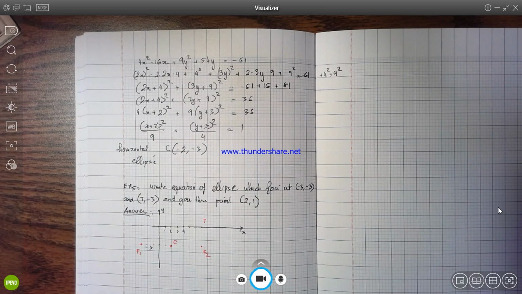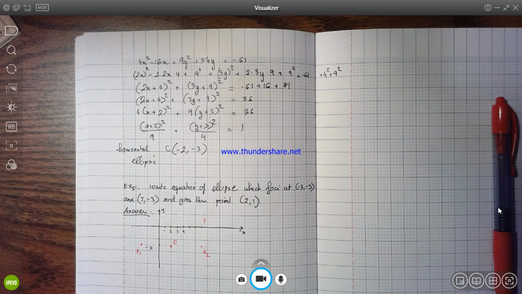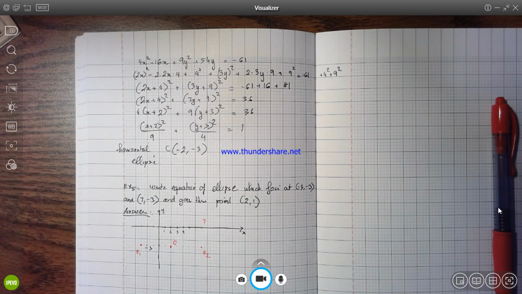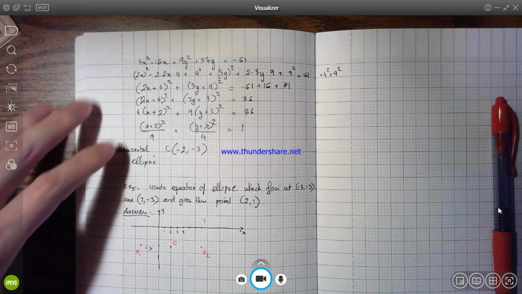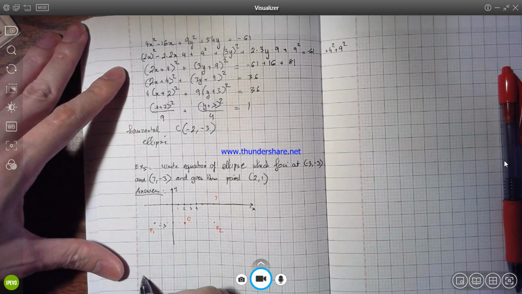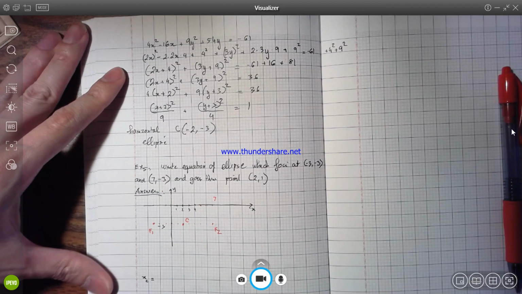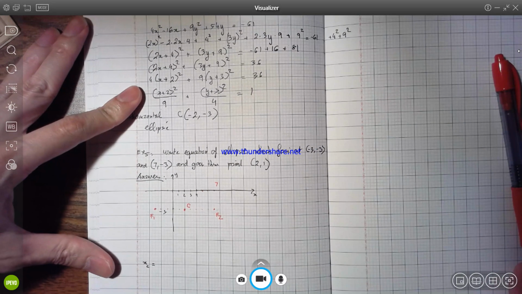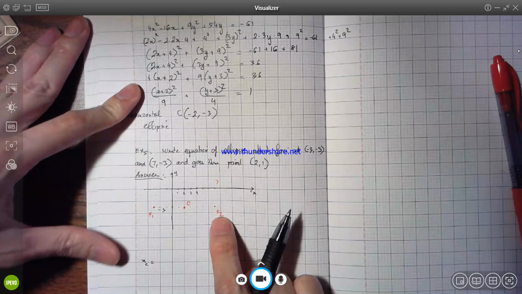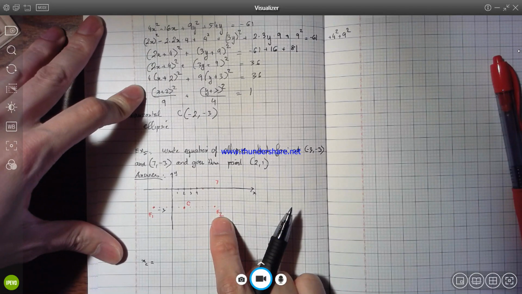But if you don't have graphing paper, in order to find the center of the ellipse, you have to use the midpoint formula. So I can find xc is equal to the sum of the x-coordinates of the foci over 2.